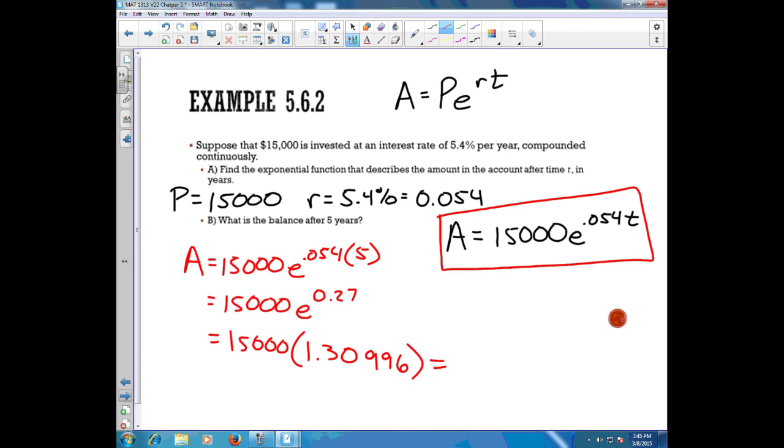Remember not to round till the end. I'm just rounding so I don't have to write all these numbers out. That gives 19,649.47. And so after 5 years, the account should have $19,649.47.